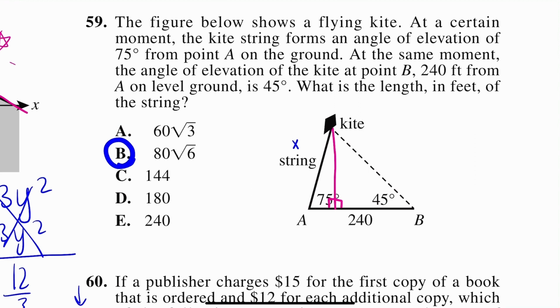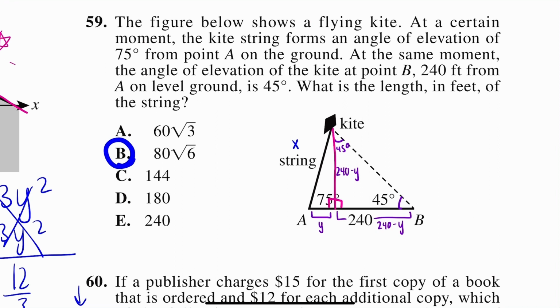So now I need to label some sides. I'm going to label this side as Y. So this side is going to be 240 minus Y. Now, this is a 45, 45, 90 triangle. So that means that this side right here is 240 minus y.